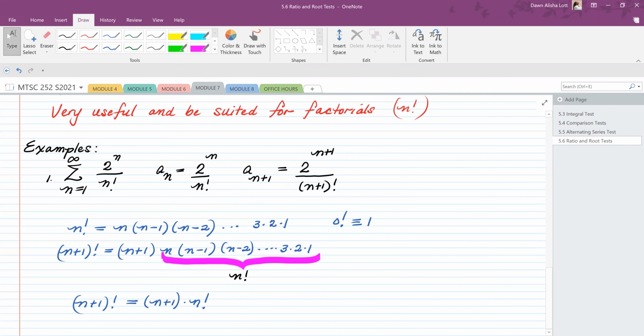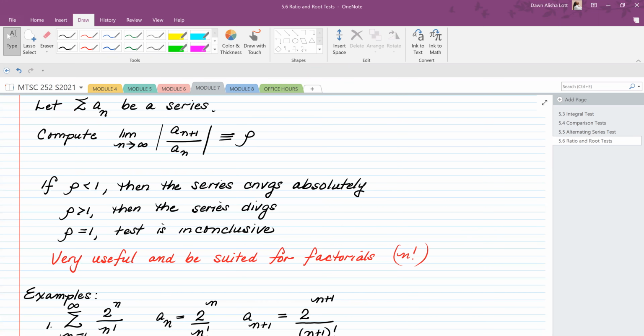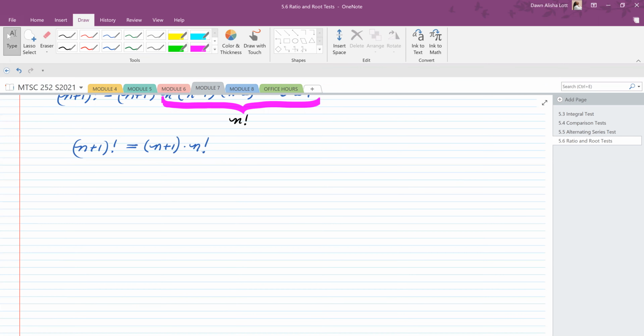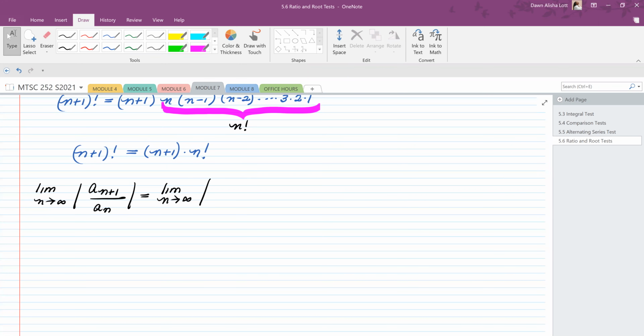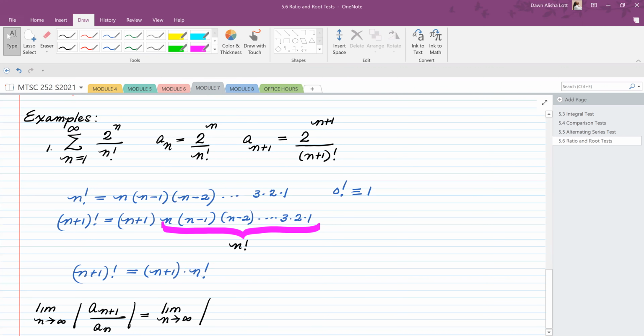The test says compute the limit. We want to see what happens to the ratio of an plus 1 over an, and we will get some number rho. So let's compute that. The limit as n approaches infinity of the absolute value of an plus 1 divided by an is the limit as n approaches infinity of the absolute value. Well, an plus 1 is 2 to the n plus 1 over n plus 1 factorial.